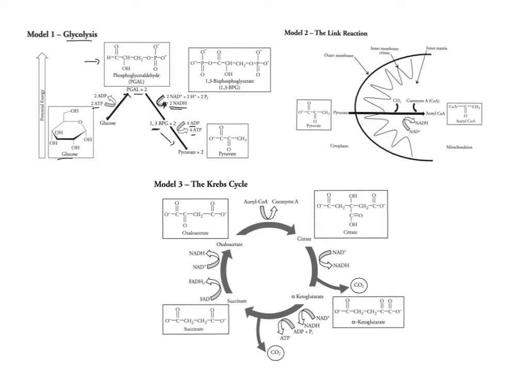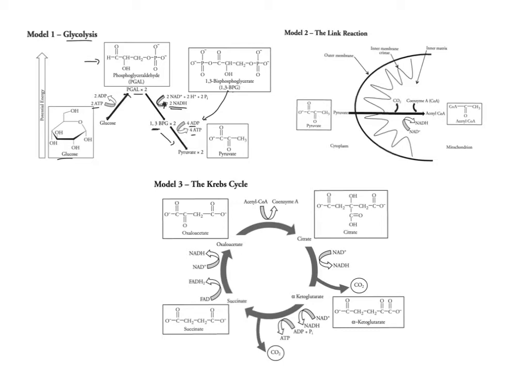Now, this is specifically called substrate level phosphorylation because that phosphate group is coming directly from another molecule, in this case 1,3-BPG. That phosphate was added to the ADP, as opposed to oxidative phosphorylation, which we'll talk about later in this lesson. So that's part one.